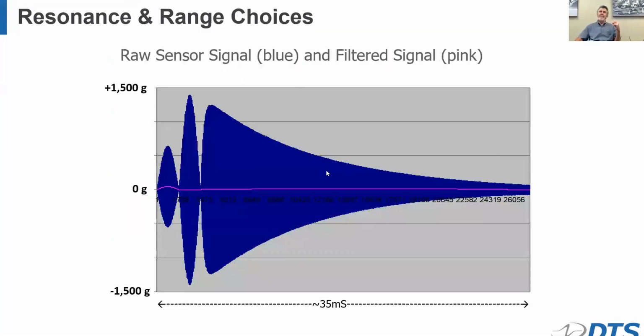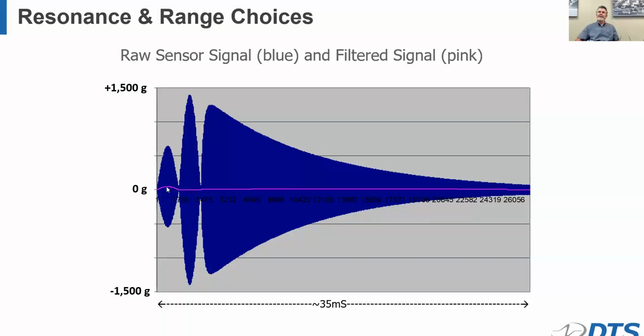The problem looks like this, okay? This is an actual look at what the sensor resonance out of a 2000G undamped accelerometer looks like. The blue is actually very high frequency ringing, and when we put a filter on it, the magenta line is actually the data we care about.